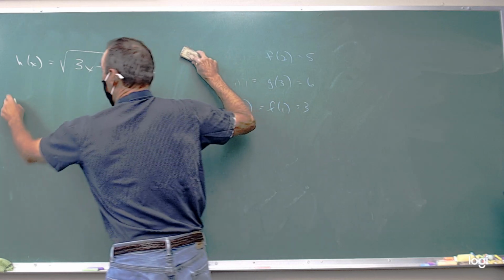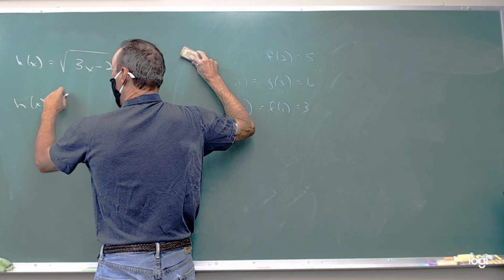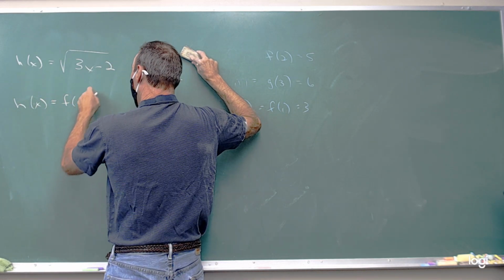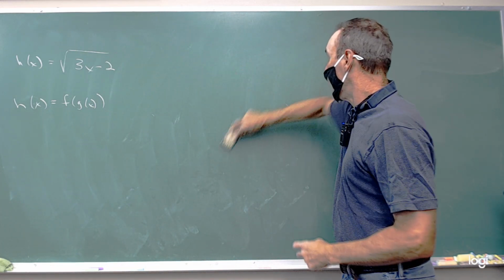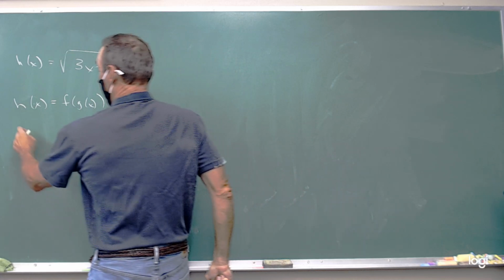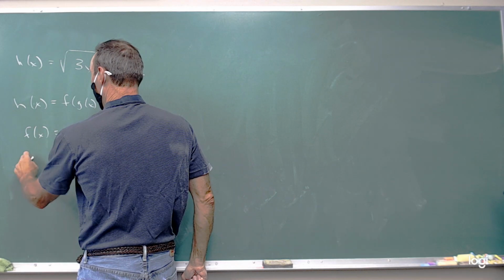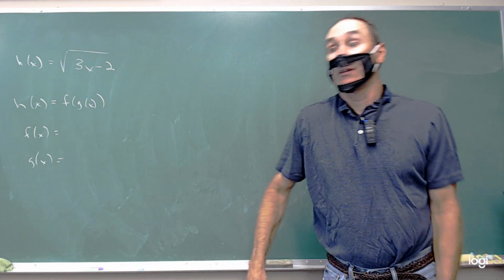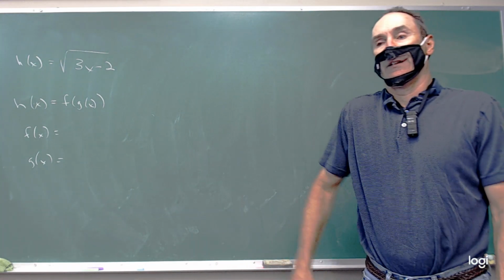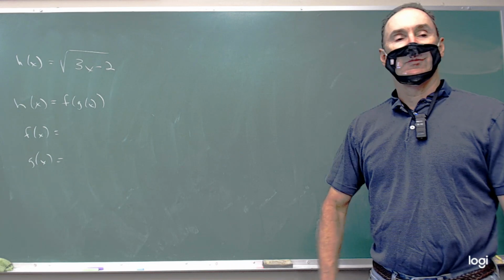And h of x is f of g of x. It's a composition of two functions. Can you find a possible f of x and g of x? Now, this is not unique, and you can be creative here if you choose to be so.